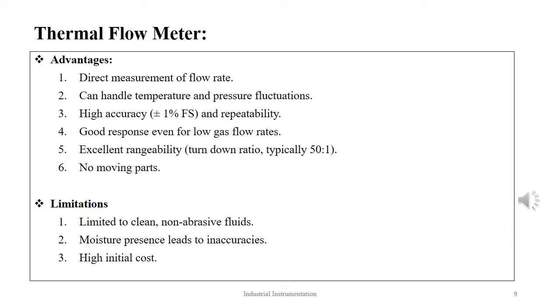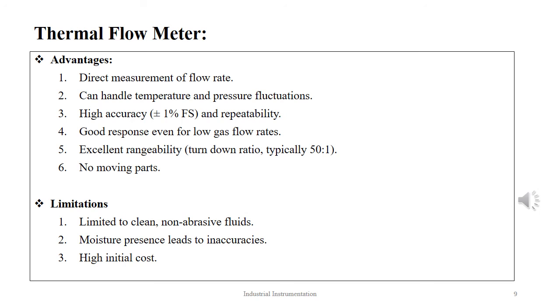The advantages of the thermal flow meter are direct measurement, handling of high temperature and pressure fluctuation, very high accuracy, that is plus minus 1% of full scale, and very high repeatability, good response for very low flow rates in gases, excellent rangeability and excellent turn down ratio of typically 50:1, and these flow meters do not have any moving parts.